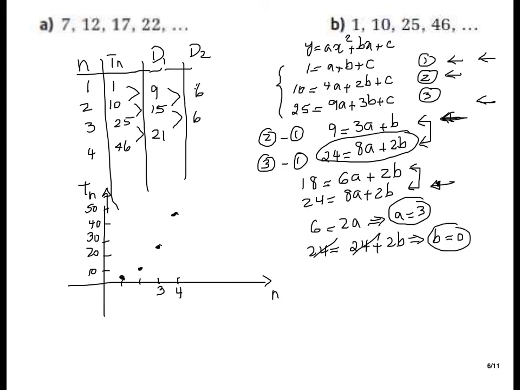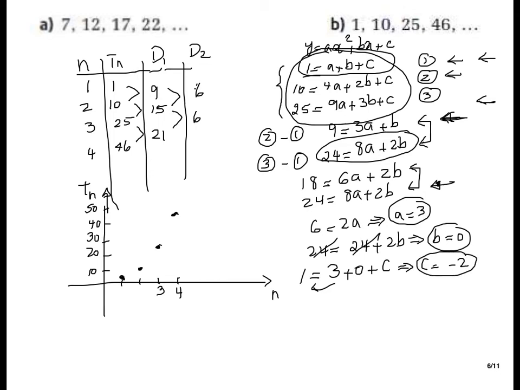Now, a is equal to 3 and b is equal to 0, so I can find c. To find c, I go back here and pick any equation I want, and substitute a and b. Let's pick the first equation, which seems to be the easiest one. So 1 is a, which is 3, plus b, which is 0, plus c. I move 3 to the left, and from here I get c is 1 minus 3, which is minus 2.